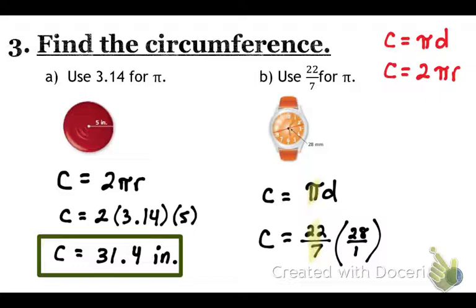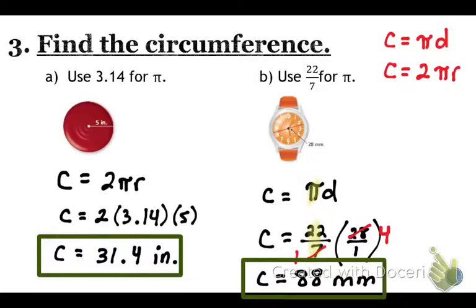Yes, the 7 and the 28. What could they become? A 4 and a 1. Very good. So now we're going to multiply across those numerators. What is 22 times 4? 88. So their circumference is 88 millimeters.